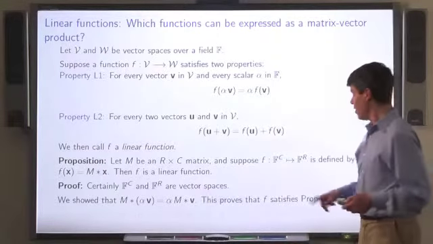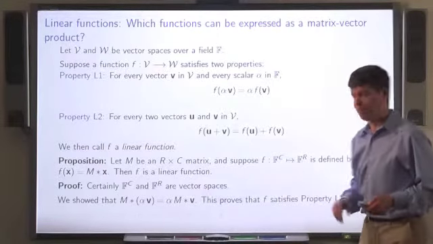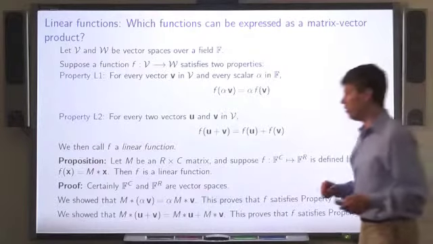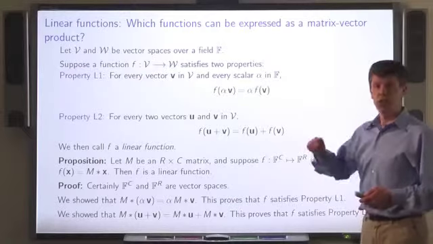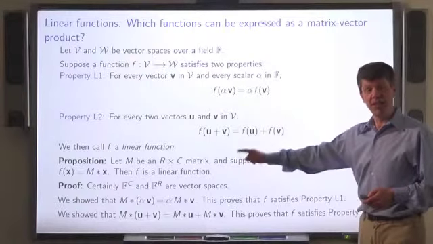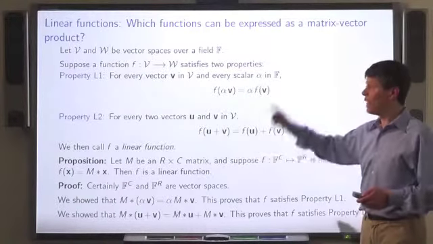So that proves that f satisfies property L1. We also showed earlier that M times the vector sum u plus v equals the vector sum of M times u and M times v. And this proves that the function satisfies property L2. So any function defined by matrix vector multiplication is a linear function.